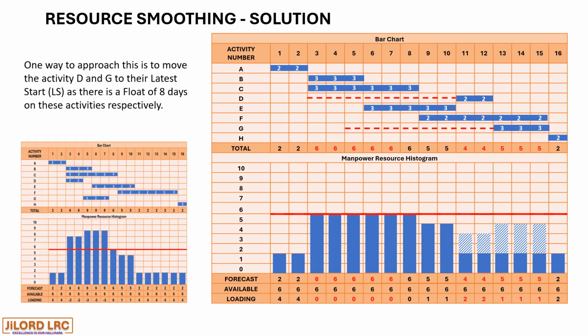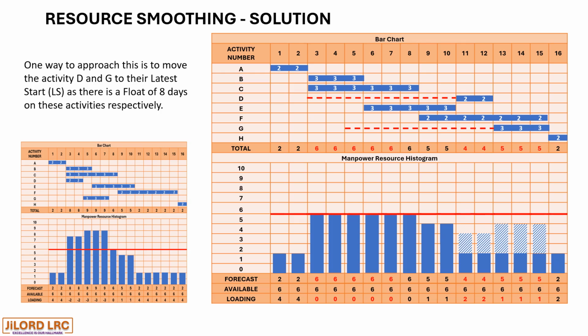Comparing this with the initial resource histogram, we have succeeded in smoothing the available resources by getting the other resources to be moved along the available float of 8 days to a different day for all the resources available to be used optimally.